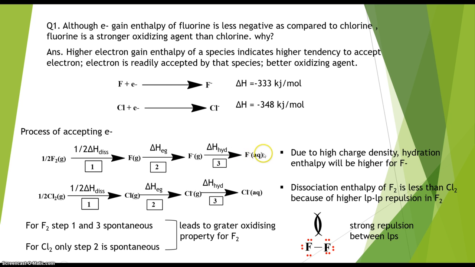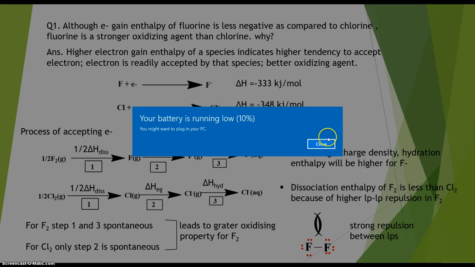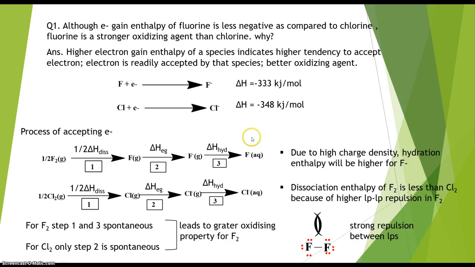And if this species is very much stable, then we can expect the third step is much more spontaneous, so the third step is much more spontaneous for F minus in comparison to Cl minus.